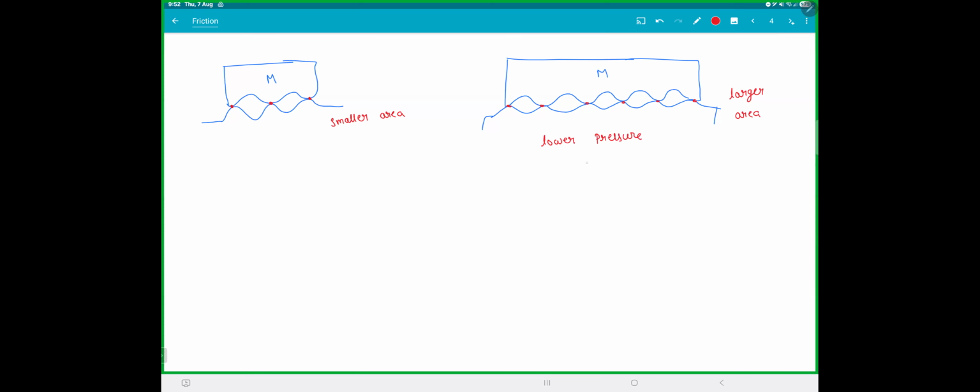Because of the lower pressure, we will get weaker bonds. So the cold welding joints will be a little weaker, but there is a greater number of bonds. Here you're putting all the weight on a smaller number of points. So this leads to high pressure, so you get stronger bonds. So it doesn't matter how much your surface area is. Friction is independent of surface area.